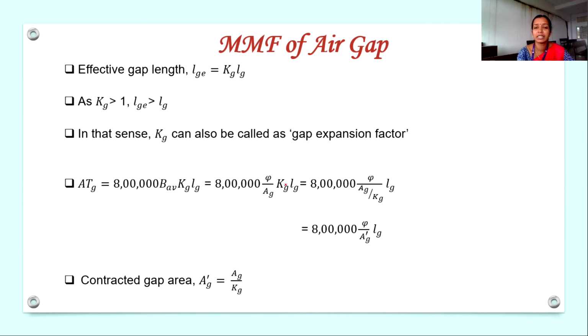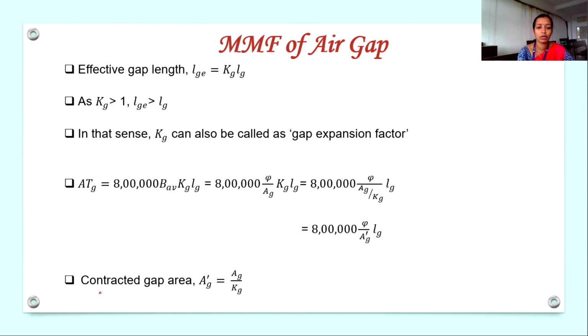I have taken this kg to the denominator side, can be written as Ag divided by kg, and this Ag by kg is represented as Ag dash. And this area Ag dash is known as the contracted gap area, the contracted gap area Ag dash, which is equal to Ag divided by kg.